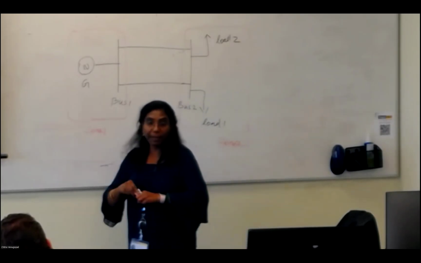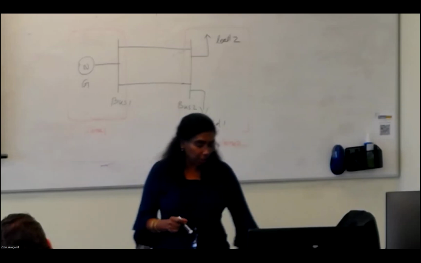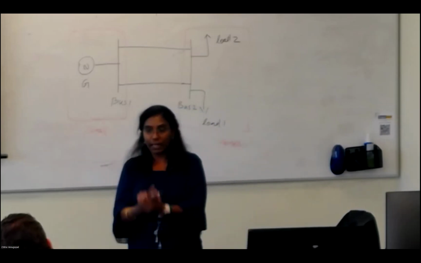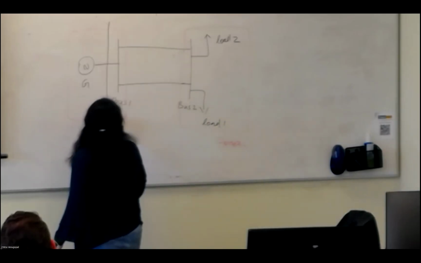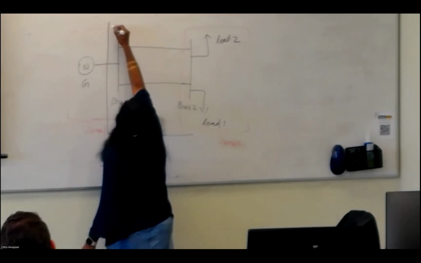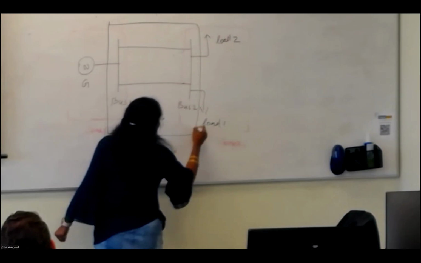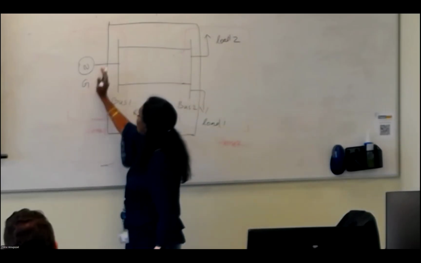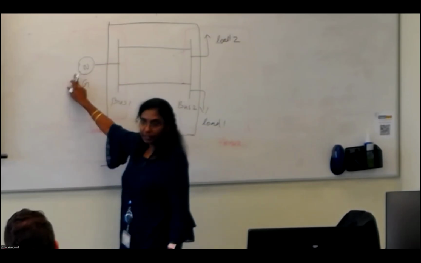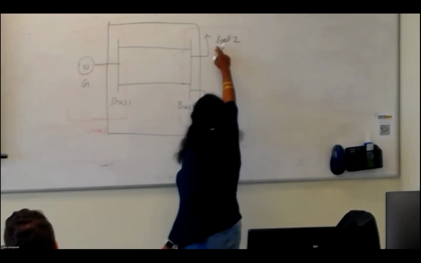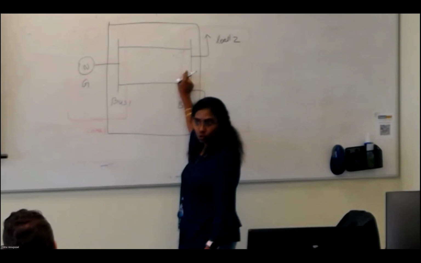But the basic fundamental rule for protection is that zones must be overlapping. So you have to have another zone which covers zone 1 and zone 2. This red one, zone 1, covers bus 1 with the generator. Zone 2 covers the loads with bus 2.